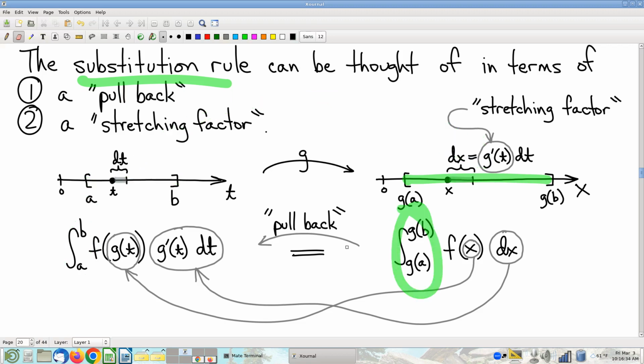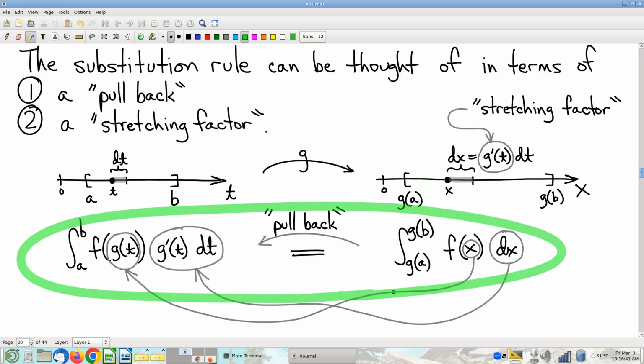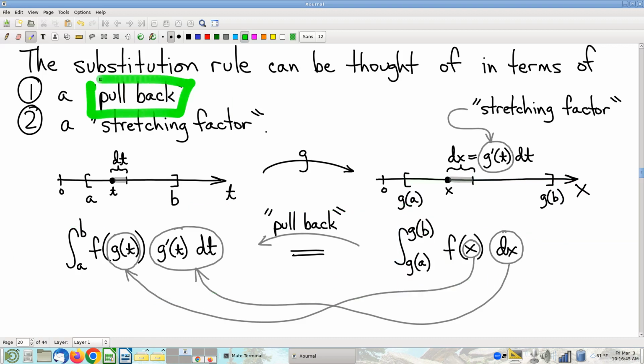And there are 2 key aspects of how this equation kind of comes out of this geometric point of view. First is the idea of a pullback. So it's weird to think of a function that goes this way as actually turning around and doing something that goes this way.